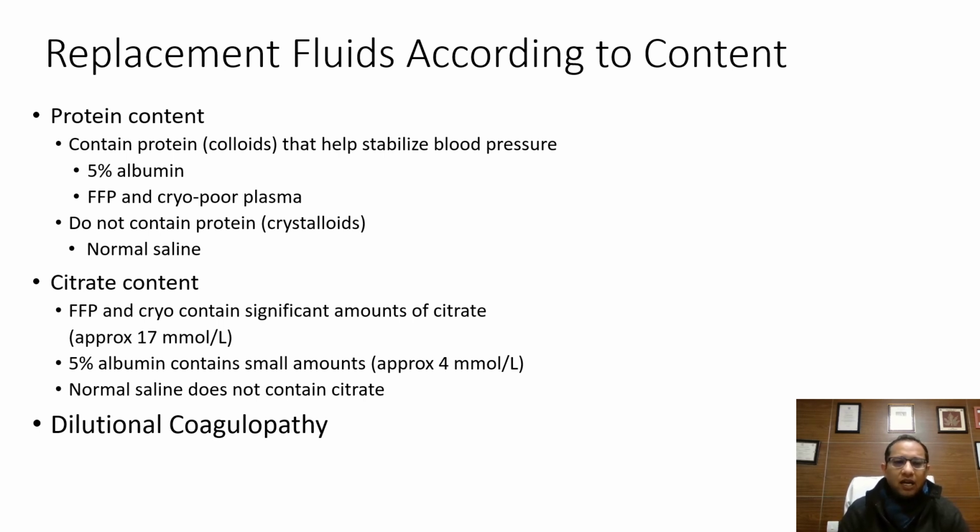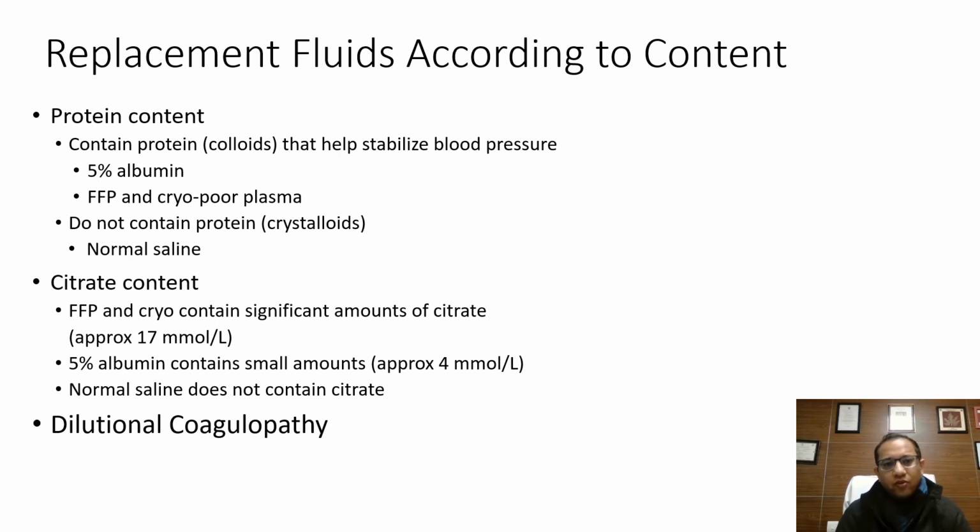Why we recommend that is because albumin itself helps in the colloid osmotic pressure. So that is one advantage of this. And second, the citrate content in FFP and cryoprecipitate, which are also used as replacement fluid, is quite high as compared to 5% albumin, which contains a small amount. So obviously it can lead to citrate toxicity.